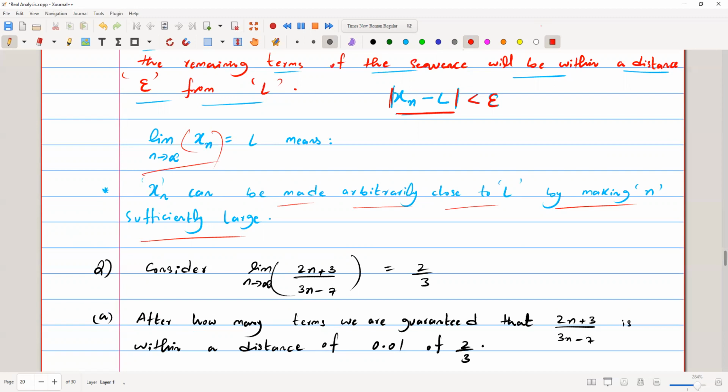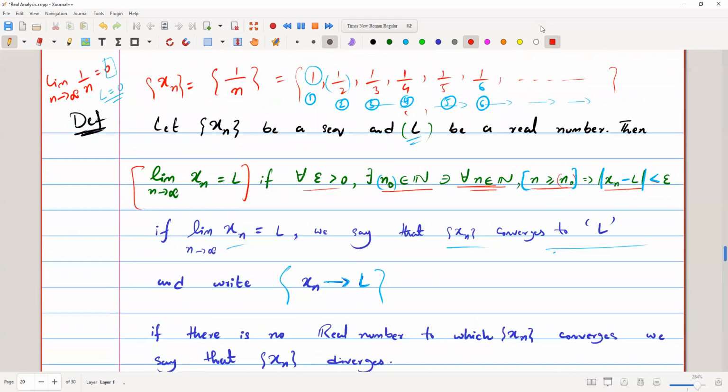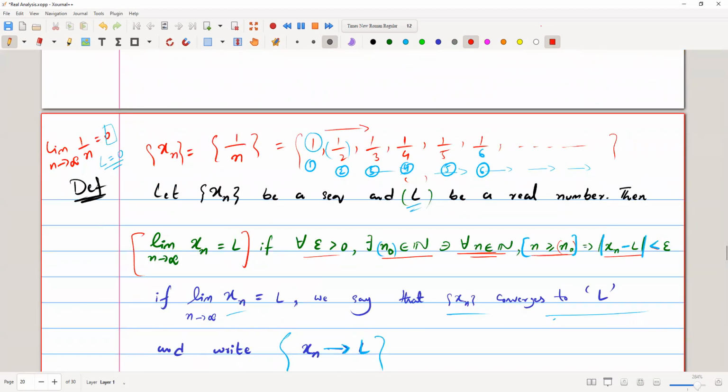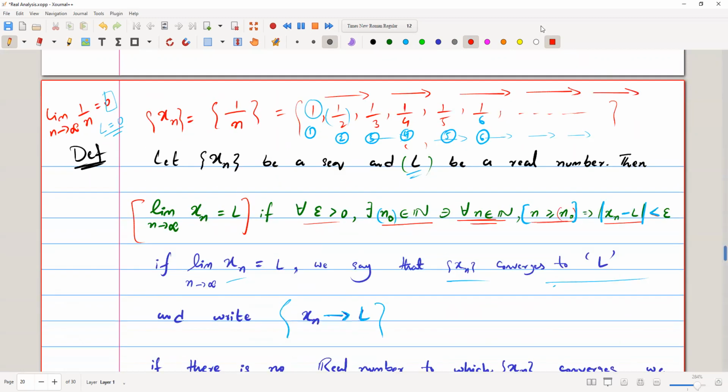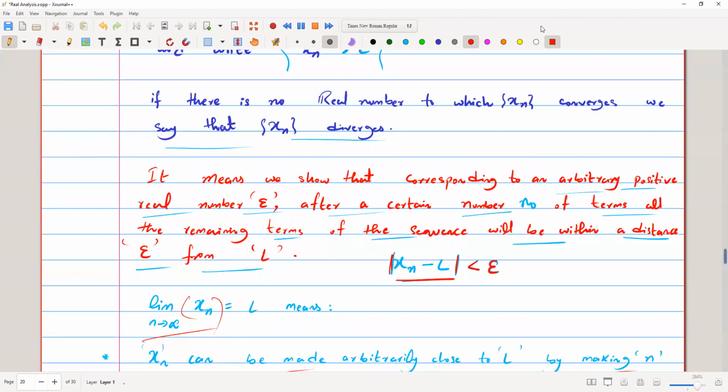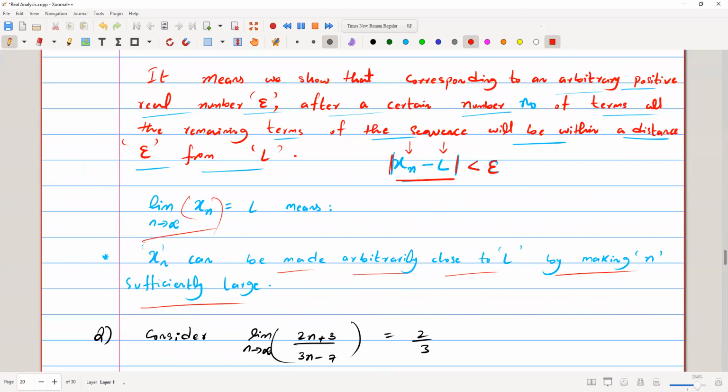As we take n bigger and bigger, moving on and on, we make the distances lesser and lesser. What distance? The distance of the numbers from the limit of the sequence. It will be lesser and lesser, and it will be less than epsilon after some n naught.